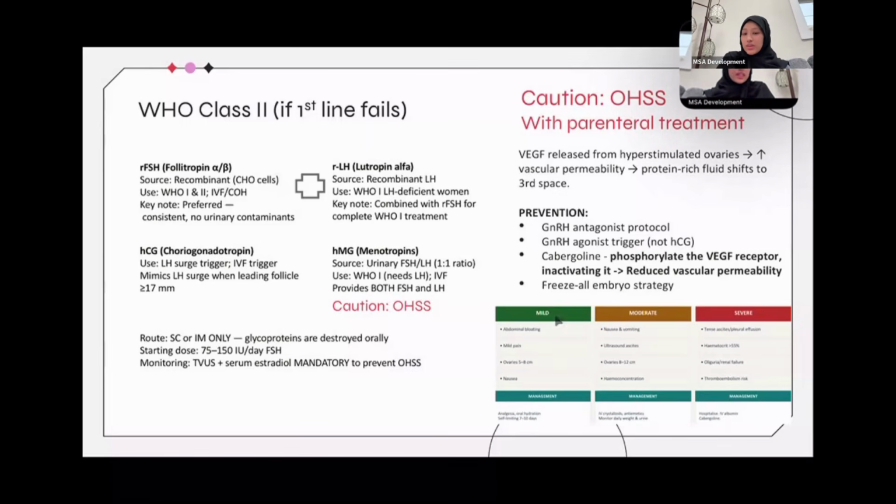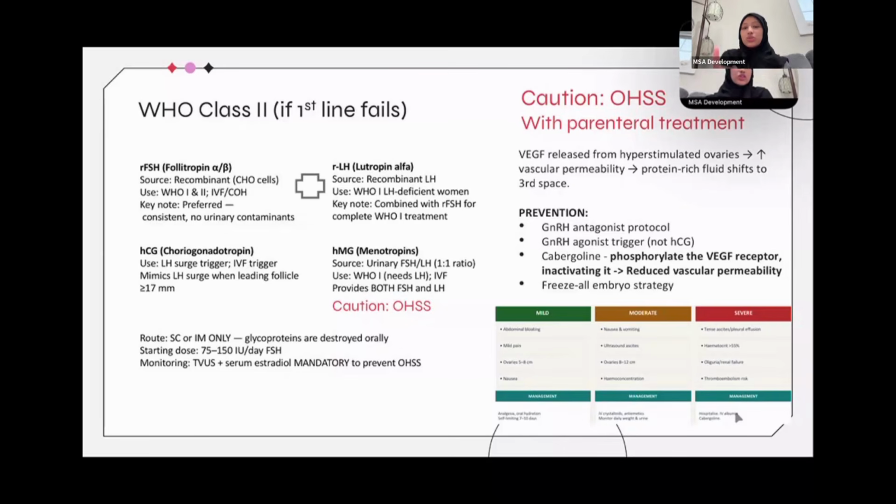So, what are the symptoms of OHSS? They can be bloating, pain, nausea, vomiting, everything that happens during the menstrual cycle, like someone who has PMS, for example. If it's severe, it can cause ascites, which is severe distension of the abdomen, oliguric renal failure, and thromboembolic risk.